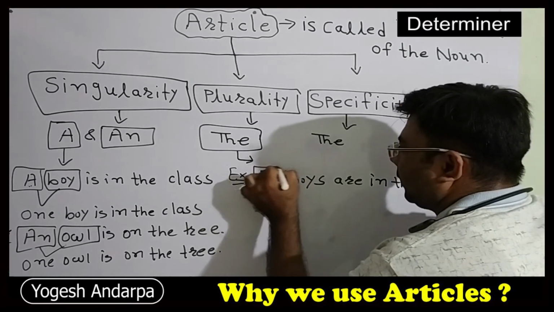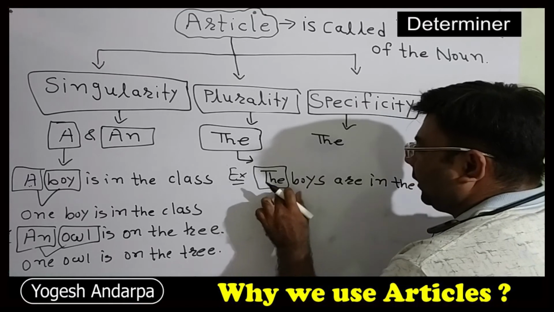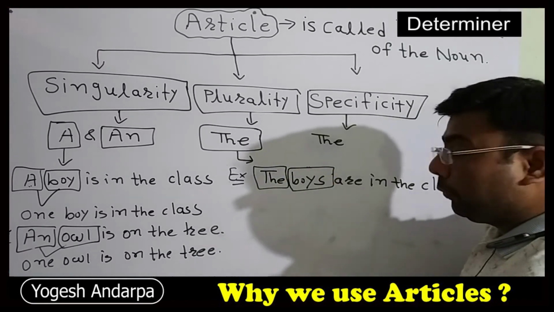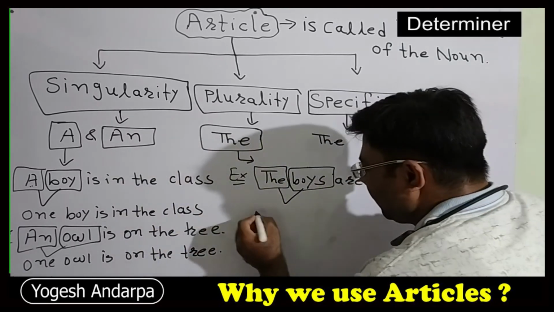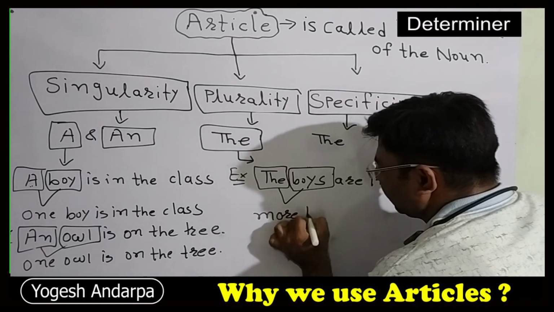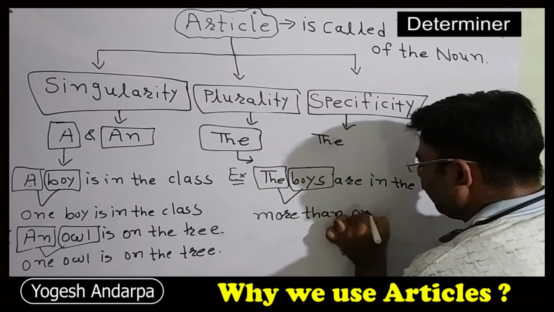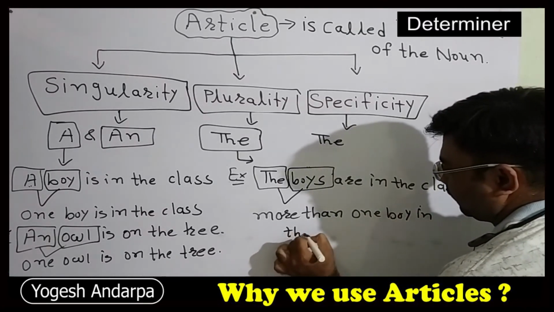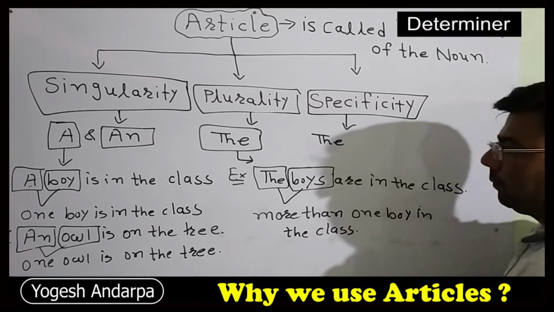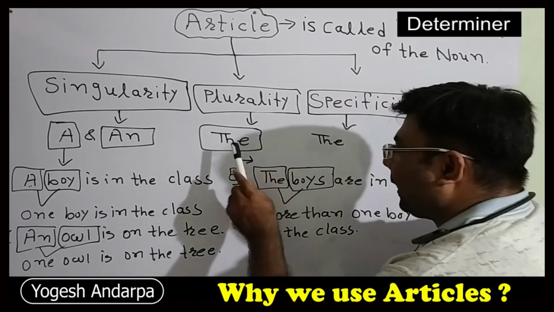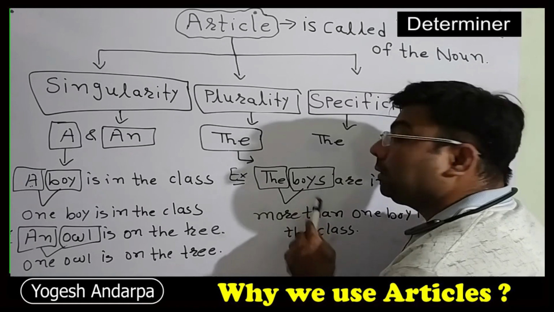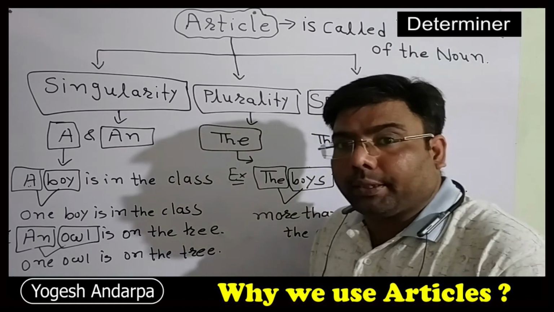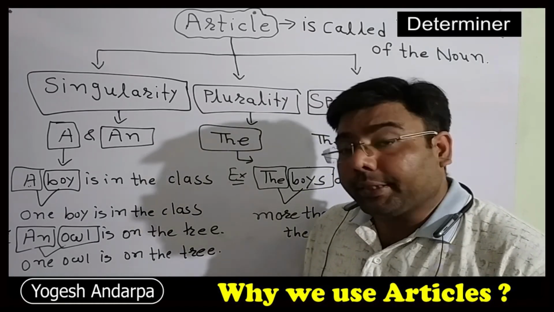Here, the article the indicates that the noun is plural, which means more than one boy in the class. So we use the article the to show the plurality of the noun. So if you want to talk about a plural noun, you should use article the.